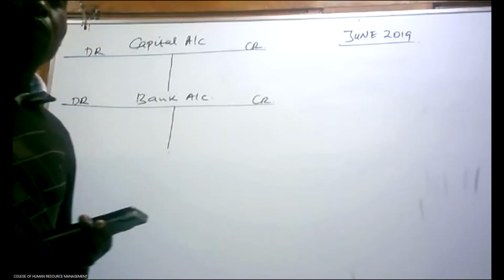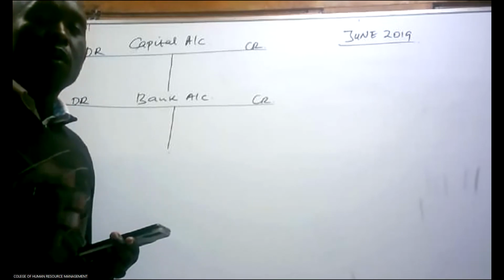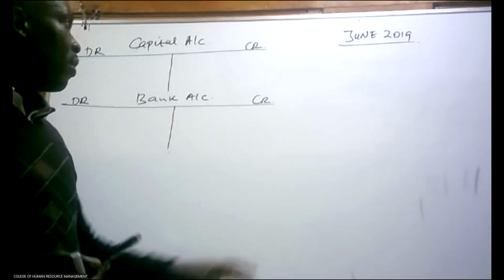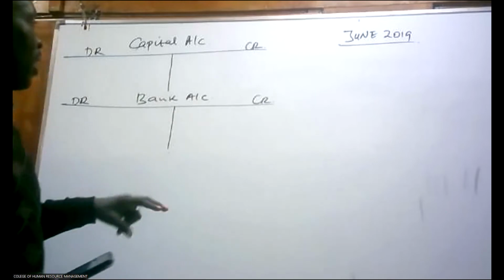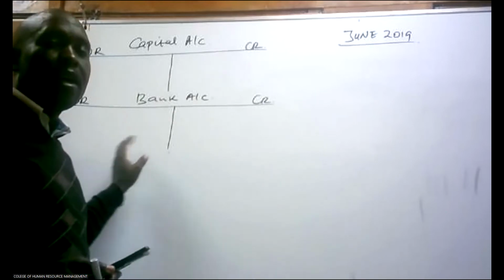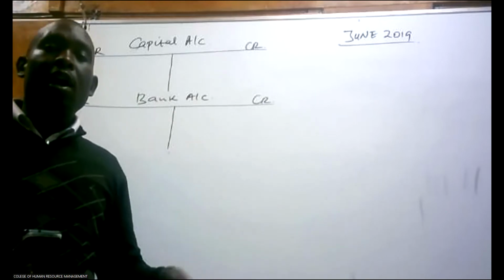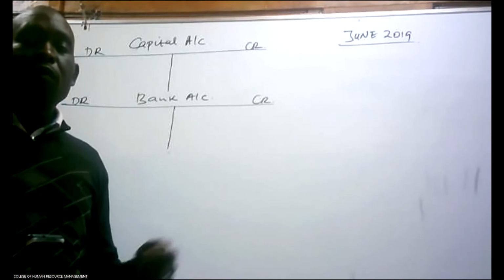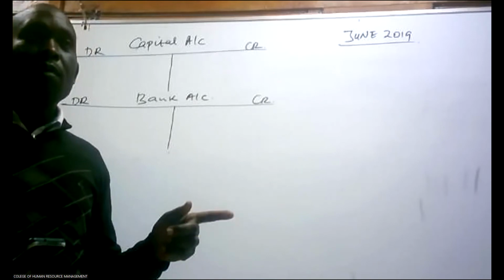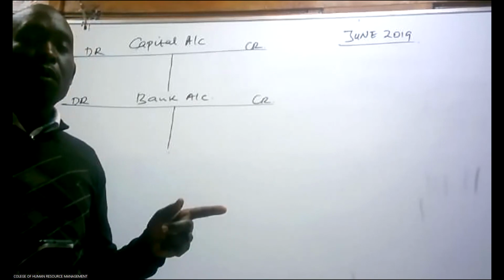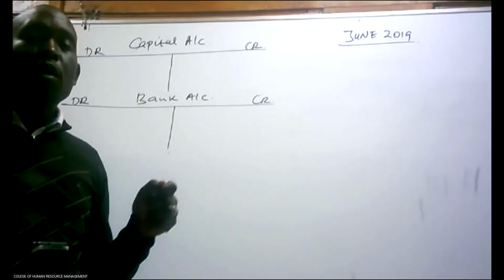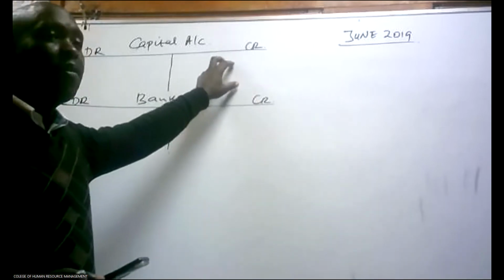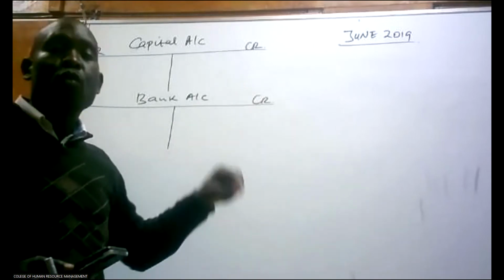Remember the rules of recording transactions in ledger accounts when it involves capital and assets: an increase in capital is supposed to be credited, an increase in an asset is supposed to be debited. This is a case whereby the owner has brought money to start the business. So the business is receiving money from the owner in form of capital, and that capital has been deposited into the business bank account. So the capital of the business is increasing. Initially, it was zero.